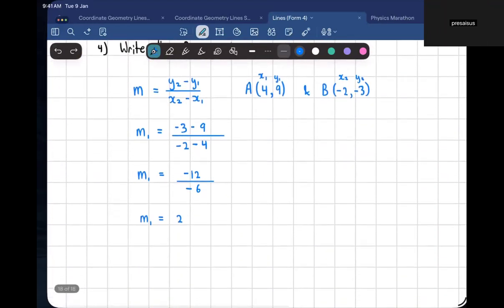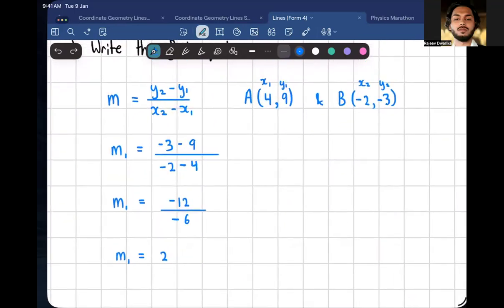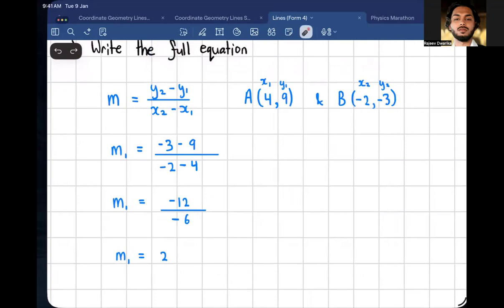Should you put brackets for the negative numbers? Oh no, you don't need to put them in this case, right? Let me explain why. If it was -9 here, if y1 was -9, then it would be -3 minus -9. I would have had to put it in brackets.